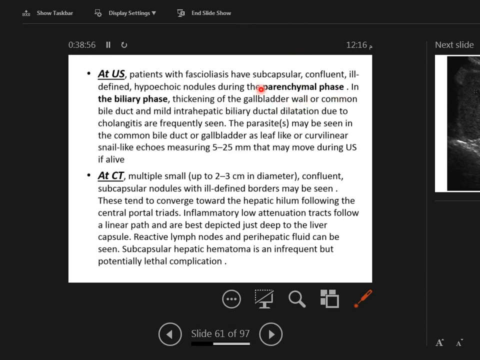Ultrasound, usually subcapsular, confluent, ill-defined hypoechoic. This is the parenchymal phase, and the biliary phase is echogenic inside the biliary duct and dilated duct. At CT, also subcapsular, ill-defined border, hypodense.